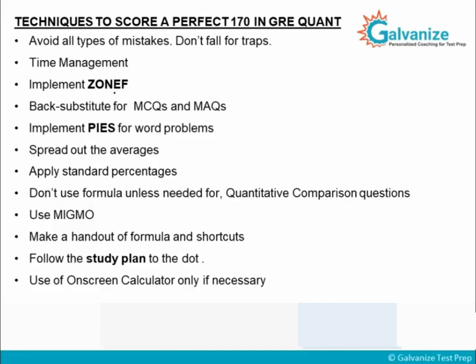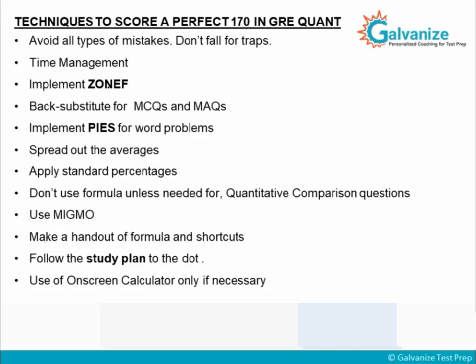Implement ZoneF. Now, there are very many mnemonics that we use in GRE Quant on our platform to teach the students to apply shortcuts. All timed tests expect you to know the shortcuts. You can do any problem solving by any method you want to, but applying shortcuts helps you to solve it faster, because time is a very important criterion in competitive exams like GRE.